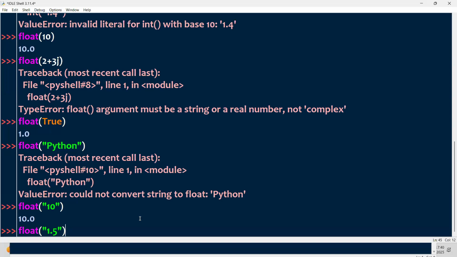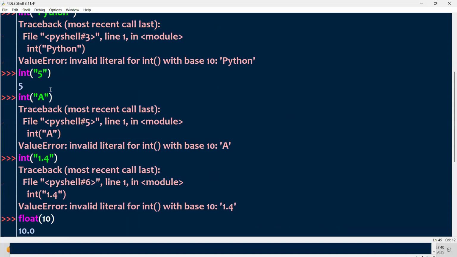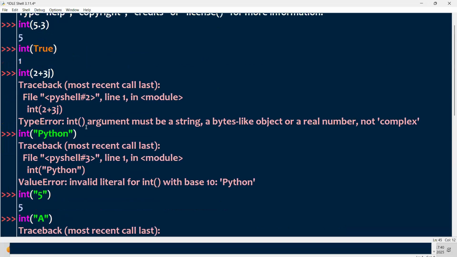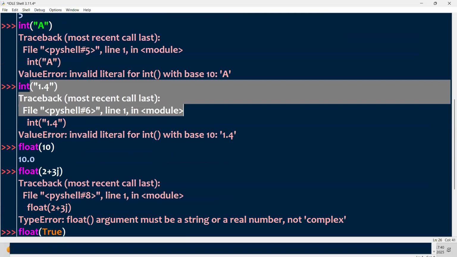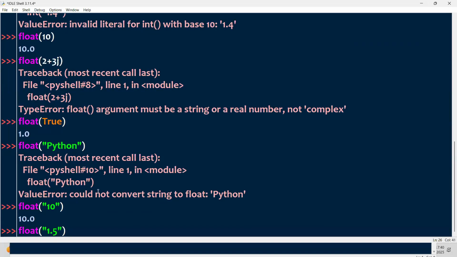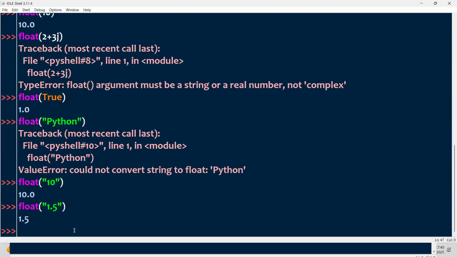Please respond in the chat box. Because in the case of int function, this was error, right? Where I showed? Yeah, here, right? Value error. Here, in this case, this will work. Okay, right.